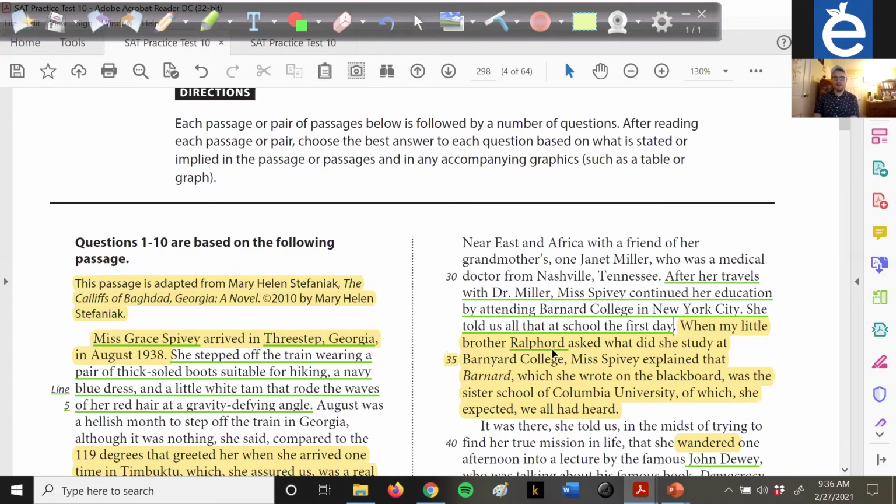Okay, so clearly, as with the camels, these kids just don't seem to know as much about Miss Spivey's background as she expects them to. Right, so she's telling them, hey, I went to Barnard College, expecting a lot of respect. But Ralford hears that and he's like, what do you study at a barnyard college? He's not really getting it.